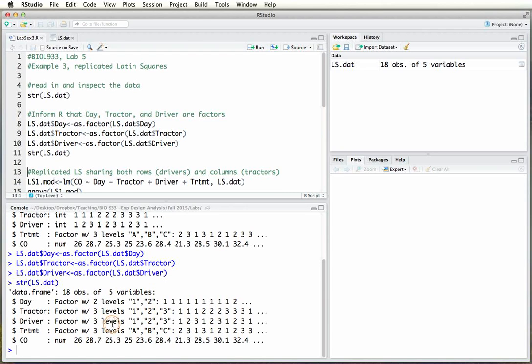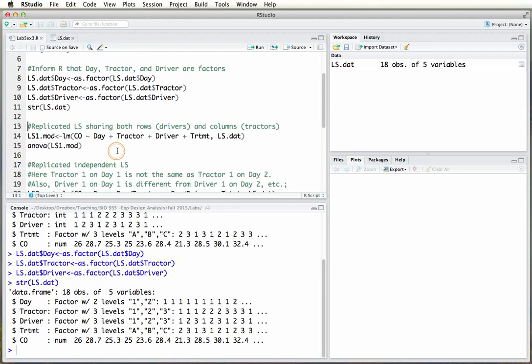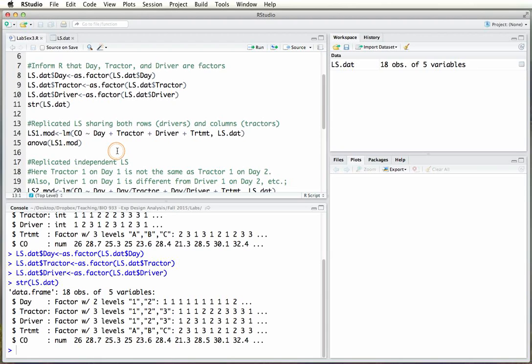And here we're looking good. Row, column, and treatment are all factors with 3 levels, and we run it over 2 days, so it's a factor with 2 levels. Now, when you run the model, you have several options here.